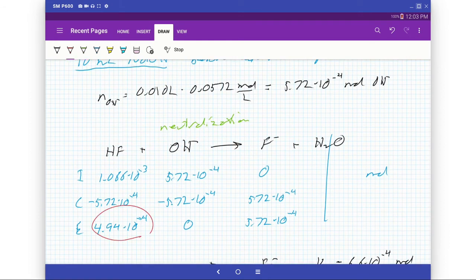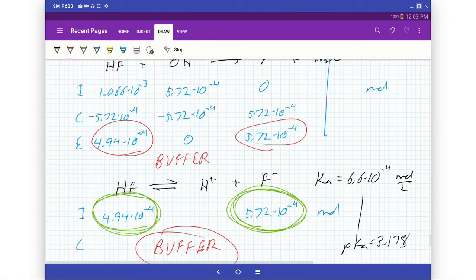I have a buffer. Instead of rewriting it out and saying, hey, buffer, you can look at the products of your neutralization reaction.